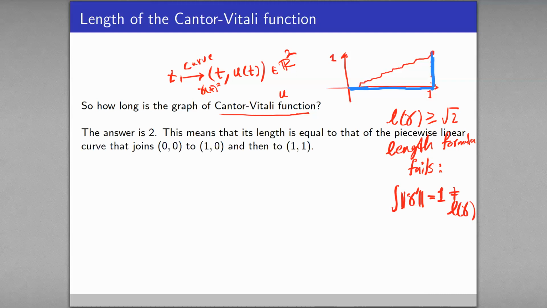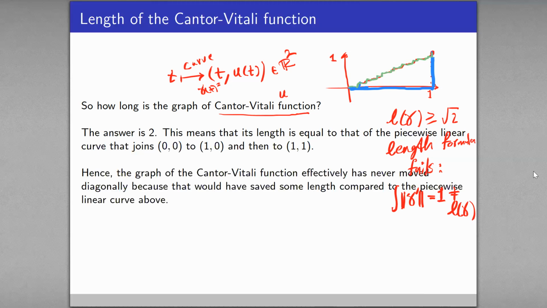So the length of this curve you see here, the graph, is equal to the sum of the blue segments. But that is quite strange because this says that the Cantor-Vitali function has never moved diagonally. Because if you're at this point and this point, if you move diagonally, it's faster than going this way and then up, right?